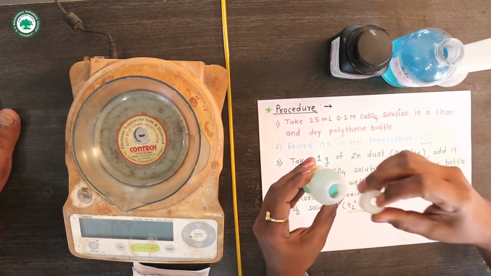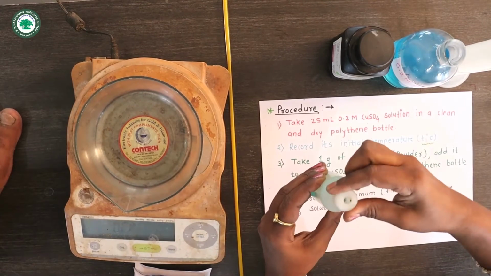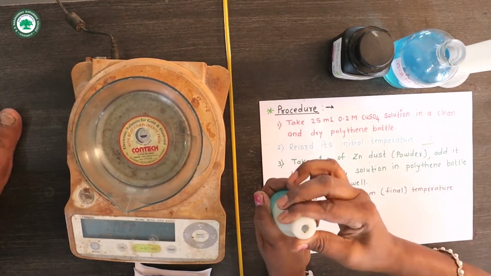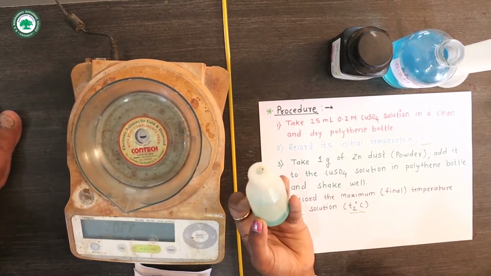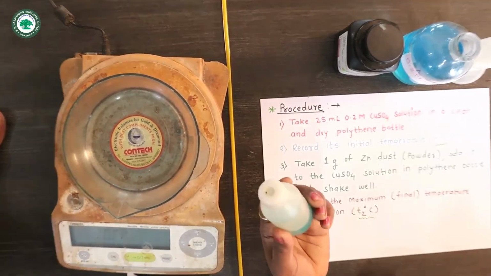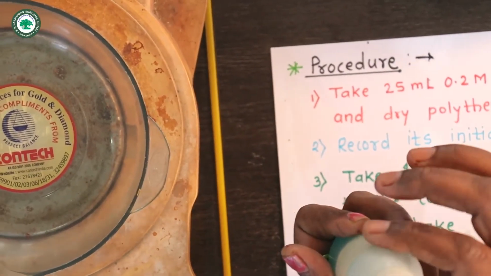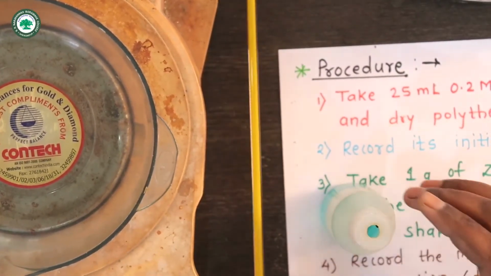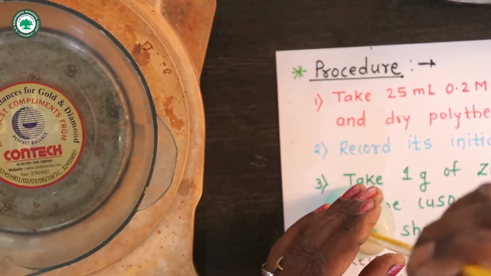Okay, now this is the stopper of the bottle, which is fixed to the bottle in which the copper sulfate solution is taken. This is 25 ml copper sulfate solution taken in this polythene bottle, and there is a hole to insert the thermometer into this solution.